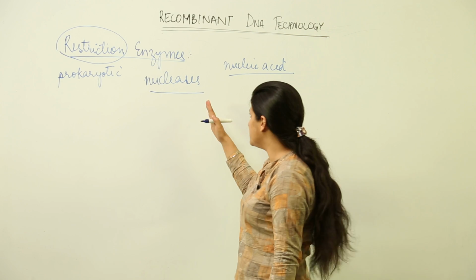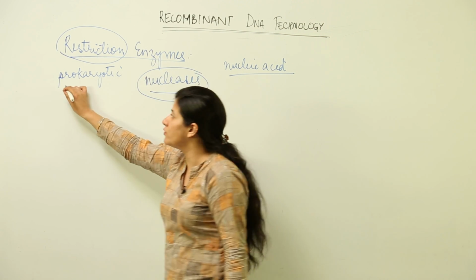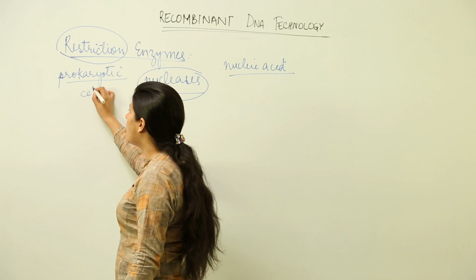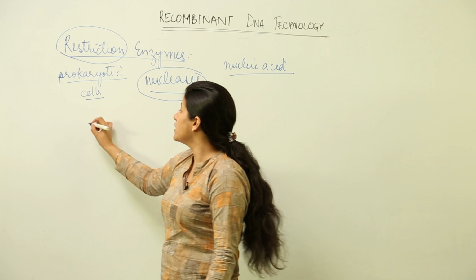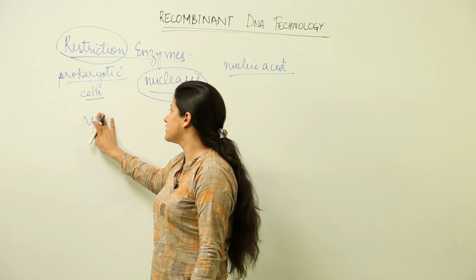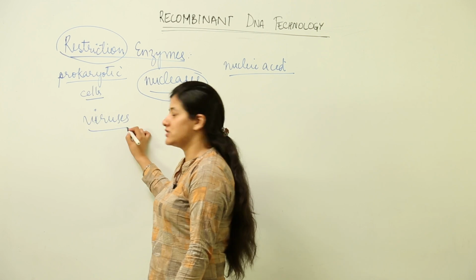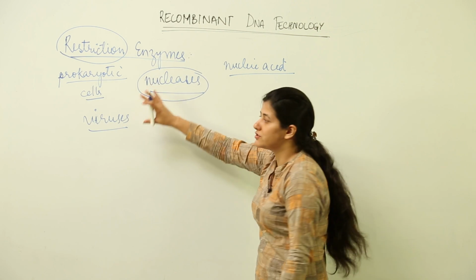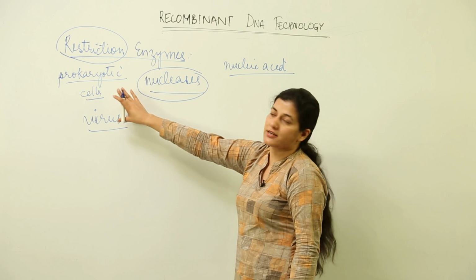They are going to cut the nucleotides. So restriction enzymes are nucleases which are found in prokaryotic cells or certain bacteria in order to restrict viruses. Now we get what the term had hidden inside it, that these enzymes are restricting the growth of those viruses which infect the bacteria.